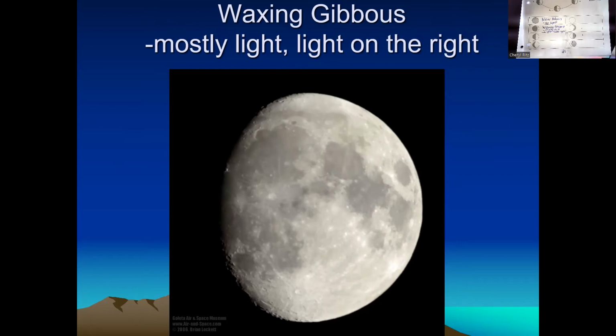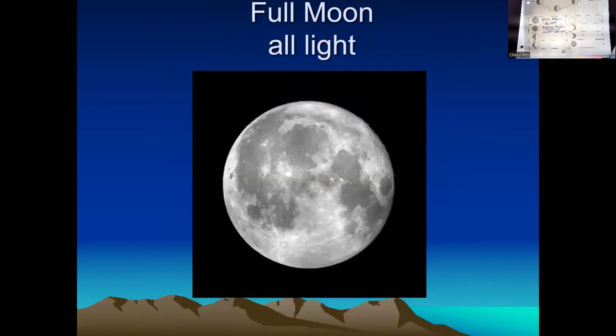The other way I remember is that a crescent kind of looks like a letter C. If you were an artist, you could connect them there. That's how I remember gibbous versus crescent. And again, this one's waxing because the light's on the right. That brings us to the full lit up one, which you all know is the full moon.